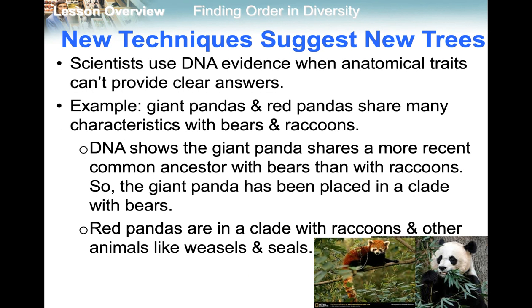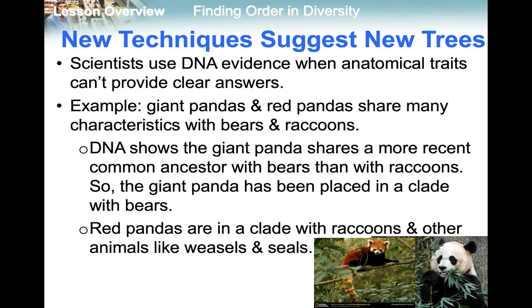Scientists are able to use this even when we are looking at anatomical traits. Sometimes we look at the anatomy and they look like they might be related. An example of this would be the red pandas, which you see a picture of there on the left, and the giant pandas. They share some characteristics with bears and raccoons. They had some things in common.